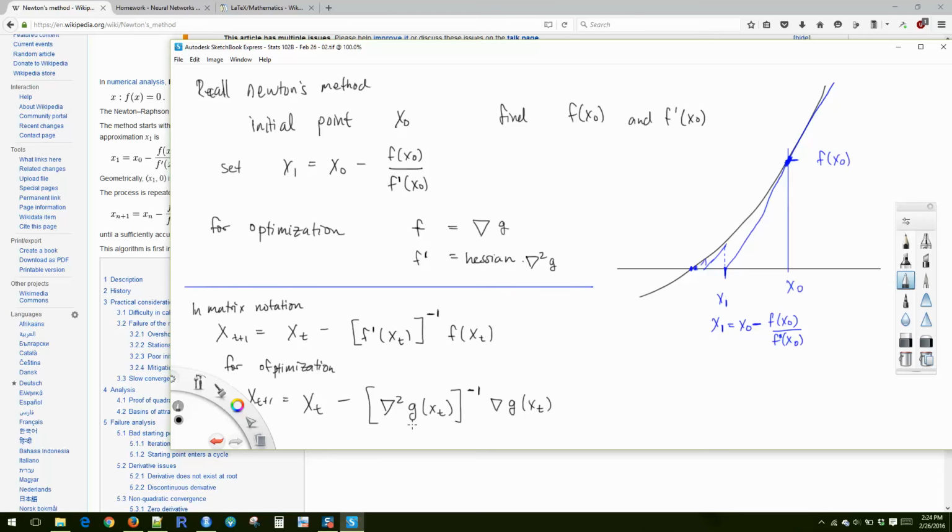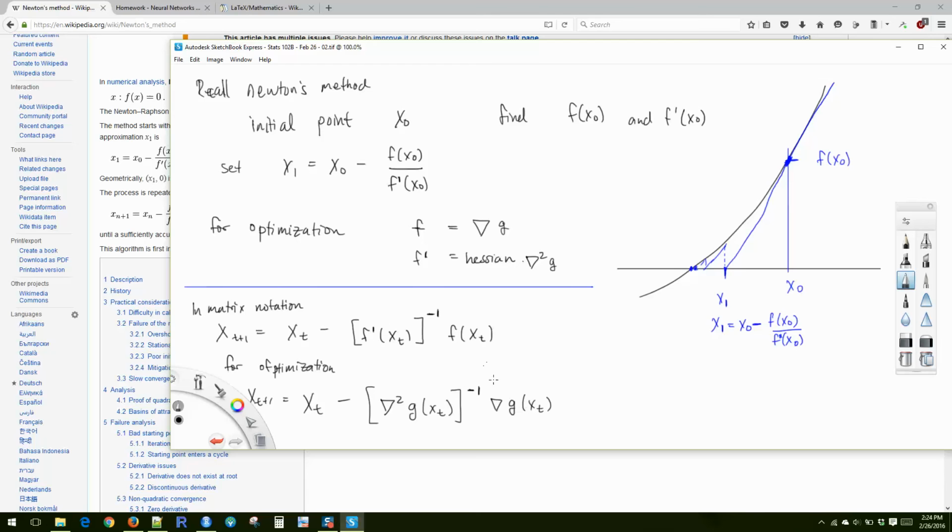Because if your function g is a function of x1 through x3, your gradient will be a vector of the partials with respect to x1, x2, and x3, and then your Hessian will be a 3 by 3 matrix of partials, filling out all of these things.